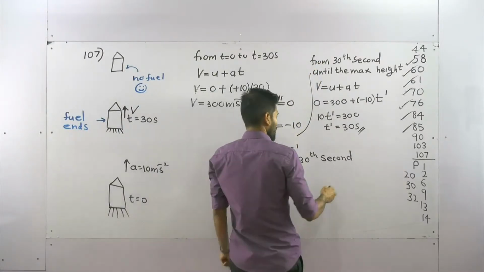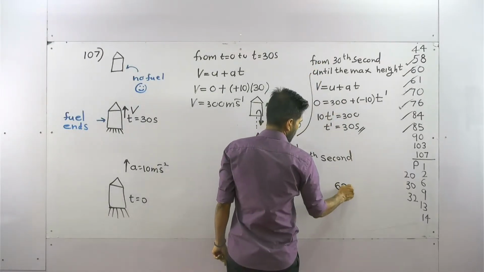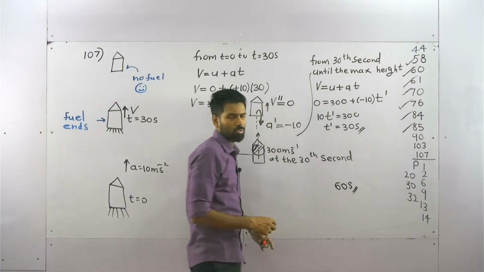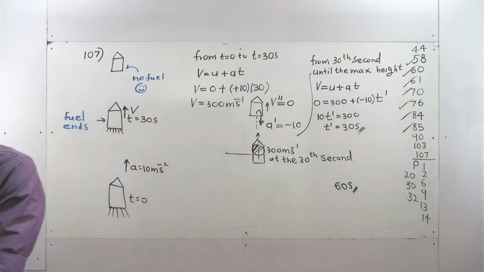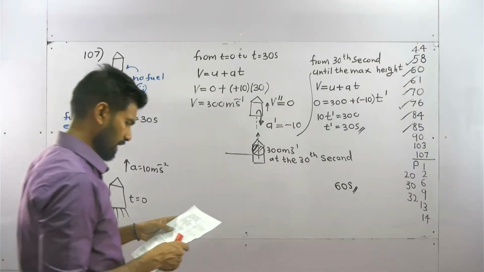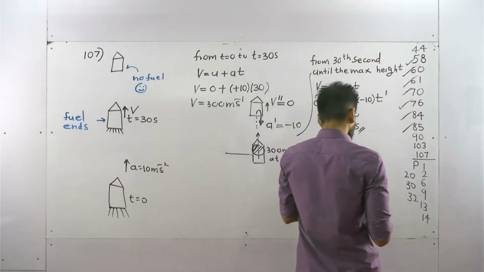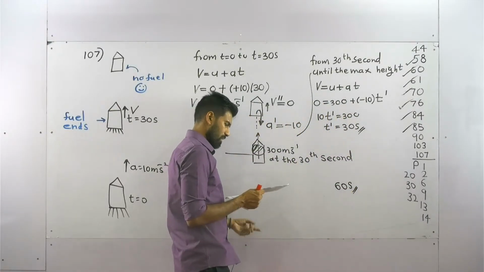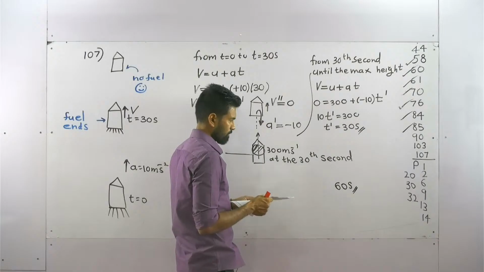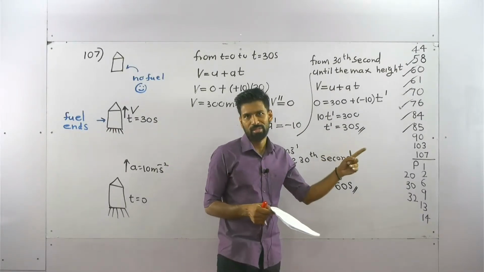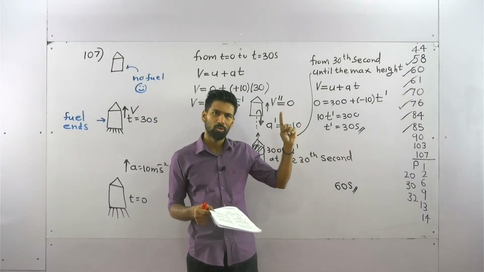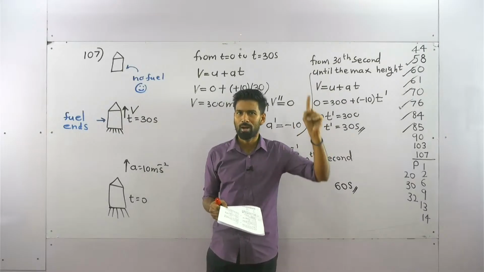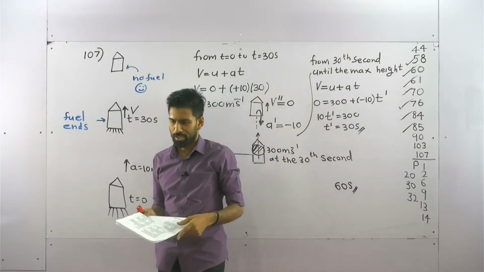So the total time before turning back is equal to 60 seconds. After what time from the instant of firing will the rocket attain maximum height? First 30 seconds with the acceleration, second 30 seconds with the motion under gravity. So the complete time until the highest point is 60 seconds.